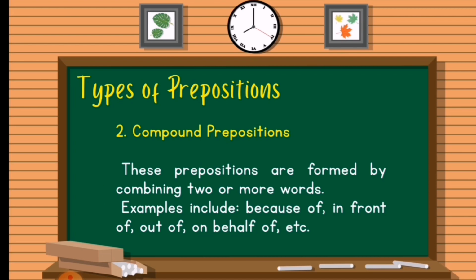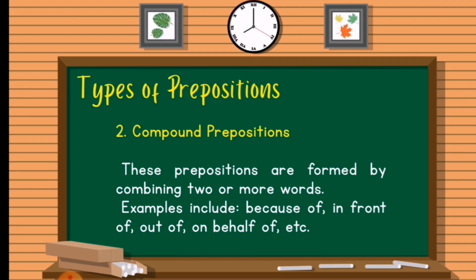So the examples of compound preposition that we can use in a sentence include because of, in front of, out of, on behalf of, and etc. So the example of it is the teacher is in front of his class. So the compound preposition that we use in that sentence is in front of.